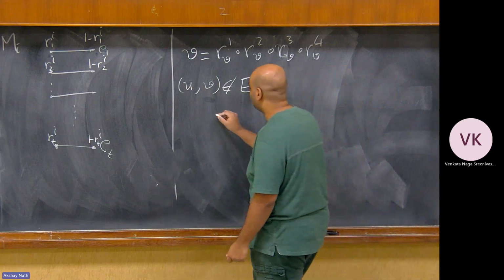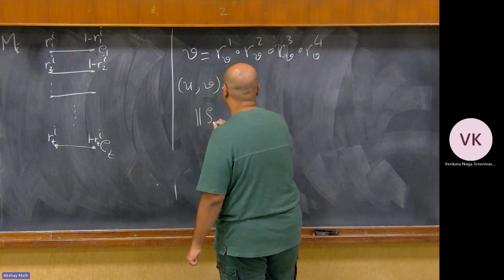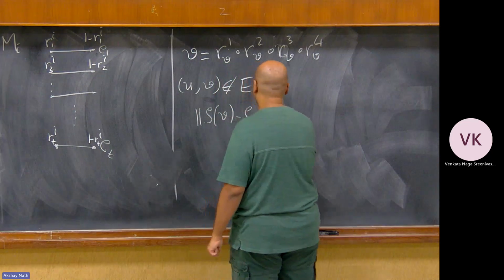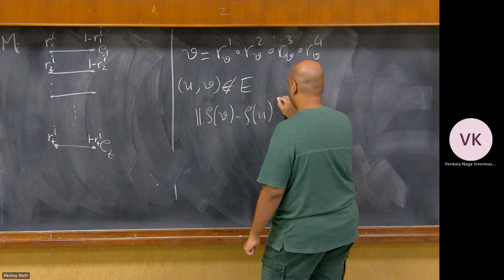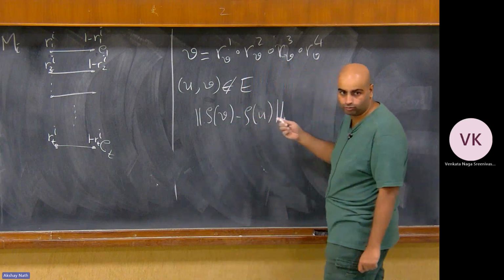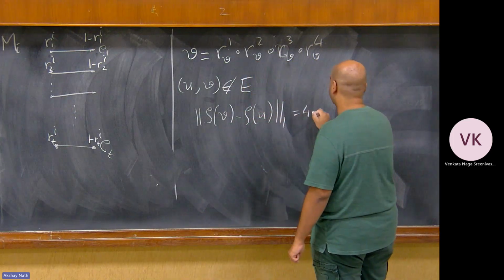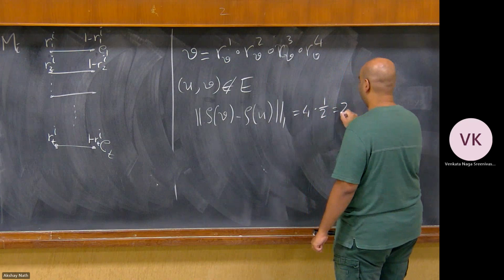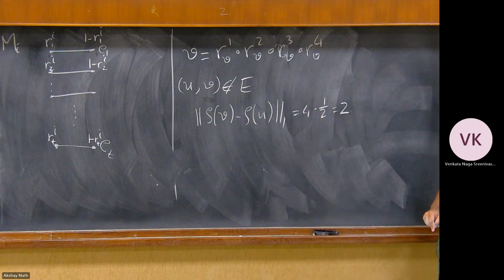So up to normalization, rho of v minus rho of u is again, up to normalization, 4 times half, because they agree on half of the things and disagree on half.